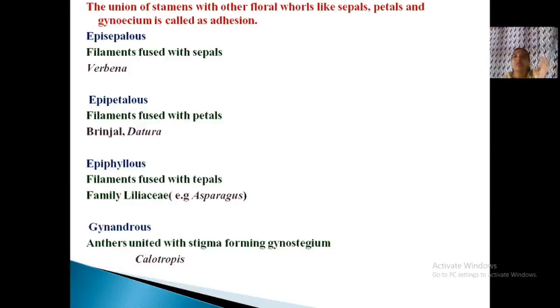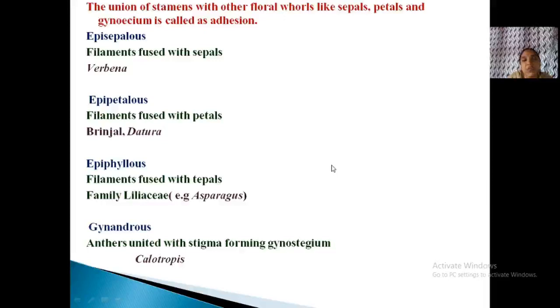Epipetalous means filaments with the petal. Epiphyllous means filaments with the tepals. Then gynandrous means androecium or stamen with the stigma. Stigma is a part of gynoecium, and the structure formed is known as gynostegium. Clear? It's very important. You will study it while we are discussing the families. Then you will know what is gynostegium. An example is calotropis. So, that is all for today about androecium.